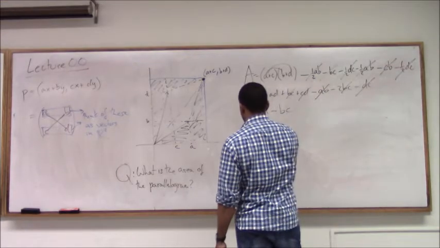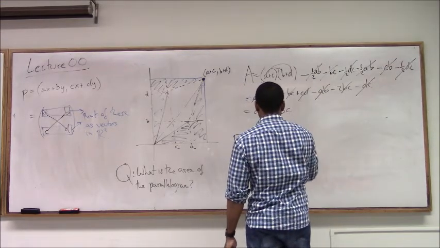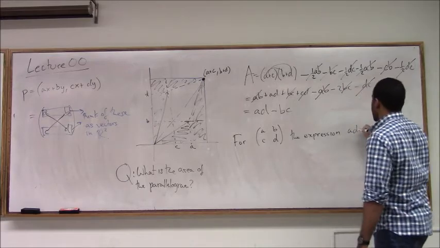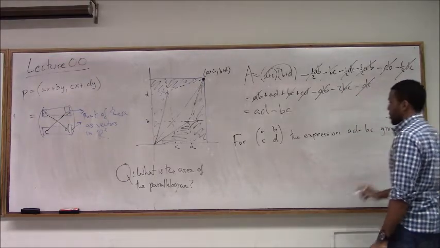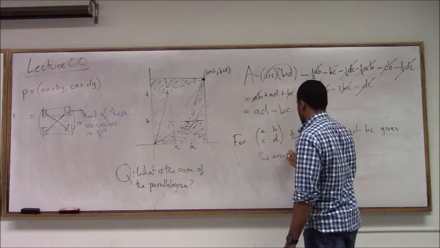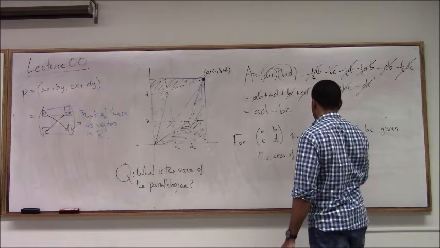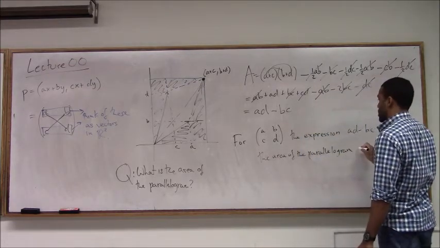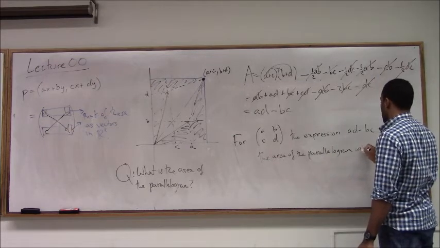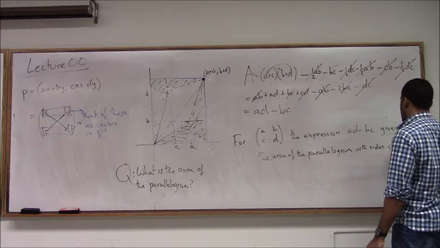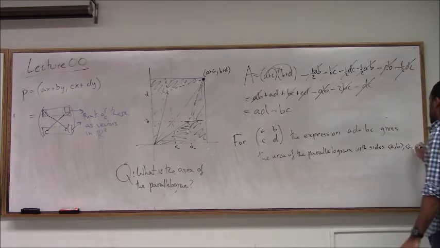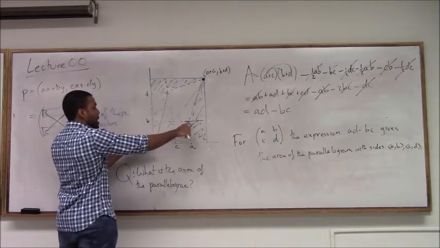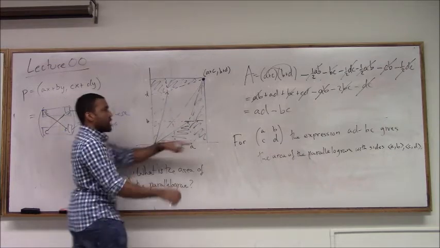So for A, B, C, D, the expression AD minus BC gives the area of the parallelogram with sides A, B and C, D. Now it turns out that's not exactly a correct statement, because if my vector A, B was on top of the vector C, D, I would have gotten the negative of this answer.